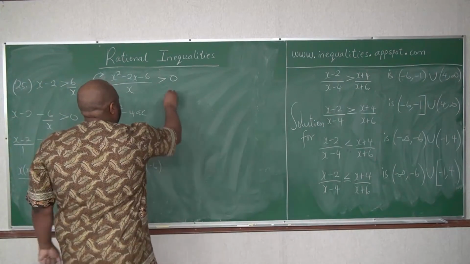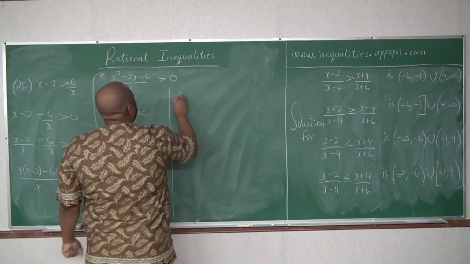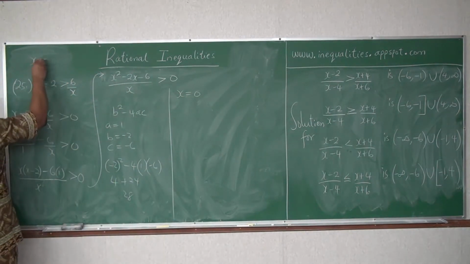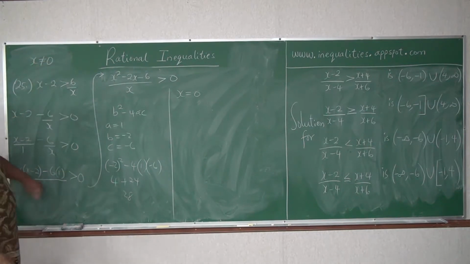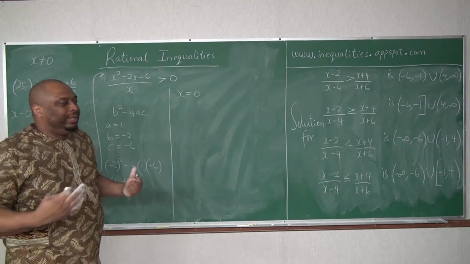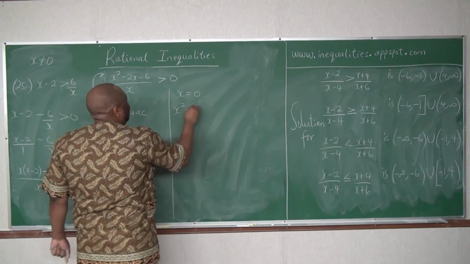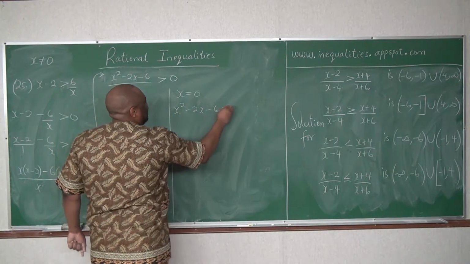First of all, let's write x equal to 0. So x cannot be 0. We need to get the other test points, so we have x squared minus 2x minus 6 equal to 0.